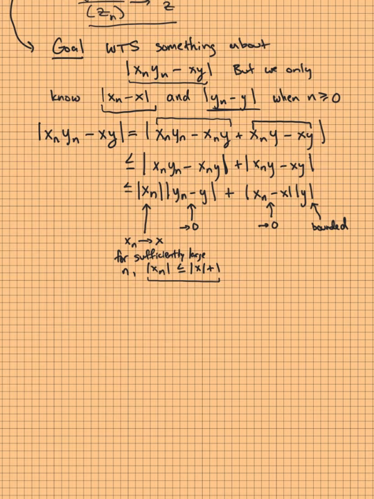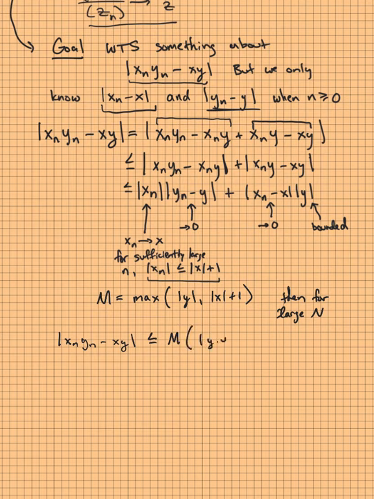So now, what this means is that we can take m to be the max of |y| and |x| plus 1, and then for large n, in other words, there exists some N in R, so that for all n greater than or equal to this N, we have that |xn yn minus xy| is less than or equal to m times (|y minus yn| plus |x minus xn|).